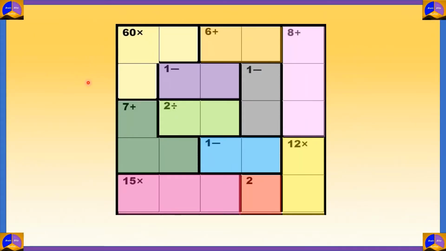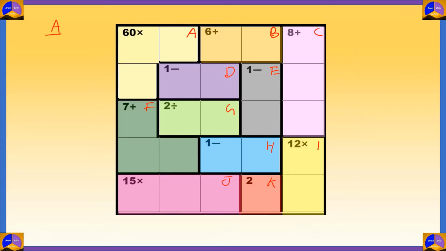Now, let's solve this Mathdoku puzzle. Let's name the cages. This will be cage A, cage B, C, D, E, F, G, H, I, J, and K. Now let's look at cage A. In cage A, there are 3 cells and the operation is multiplication.